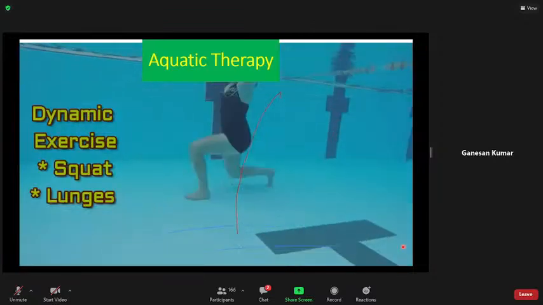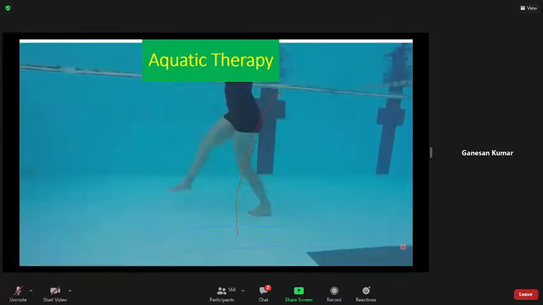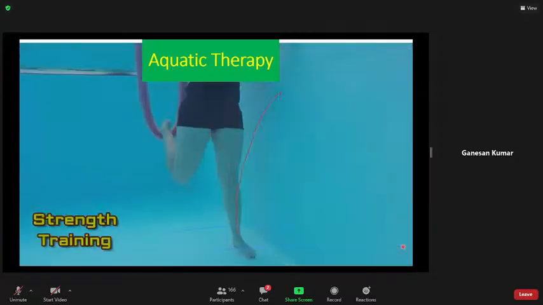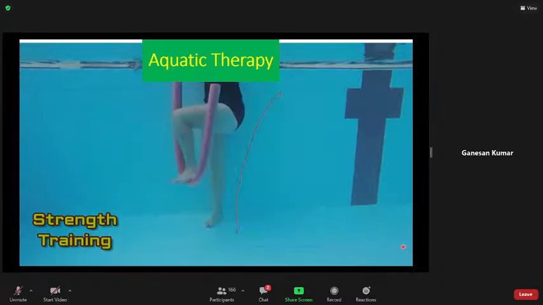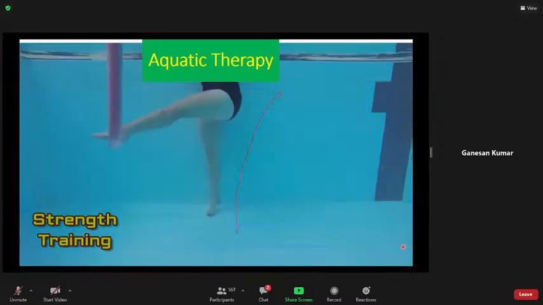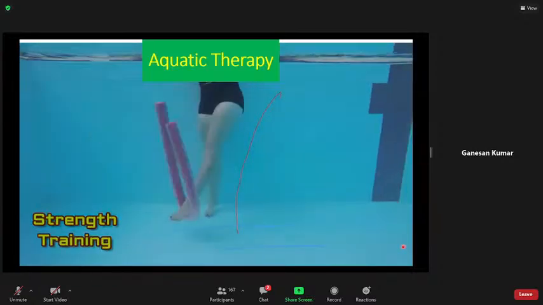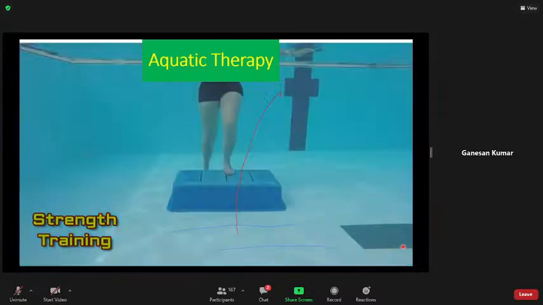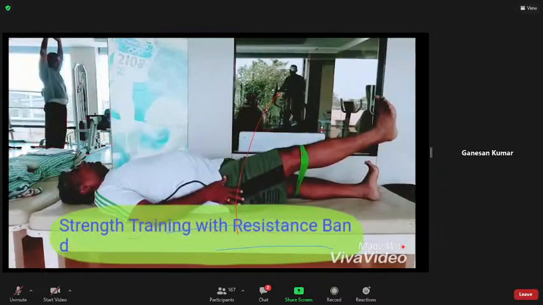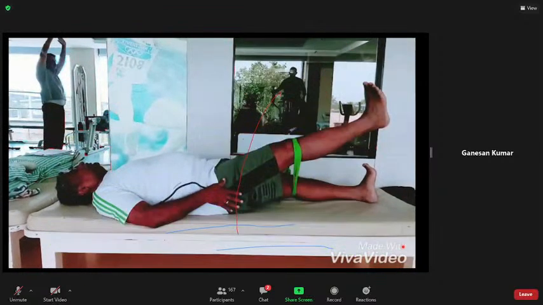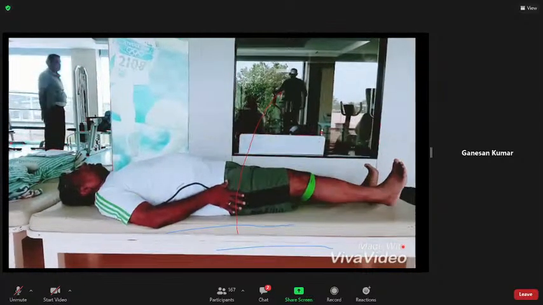The other thing is the patient gains confidence that I can do these movements without pain in the water. The muscle is going to function far better. There's going to be less exercise-induced pain, less weight bearing, and then you can strengthen the muscle and go on to the land-based.